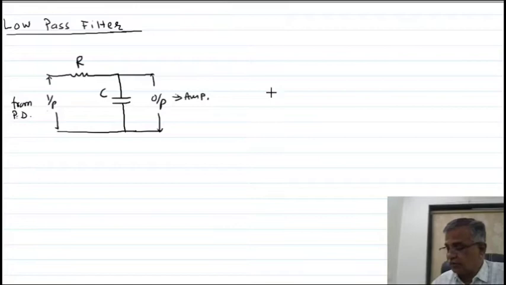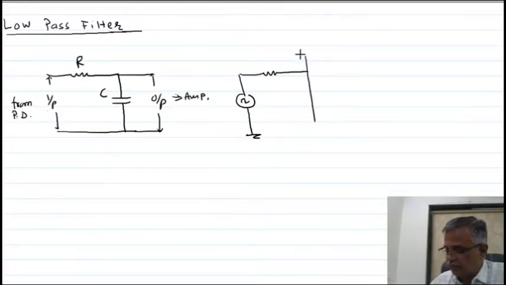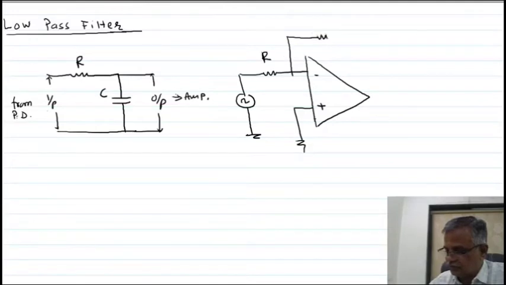You can also prepare the low pass filter with the help of an operational amplifier, and this is an example of an active low pass filter. The circuit diagram shown in the figure works as a low pass filter.